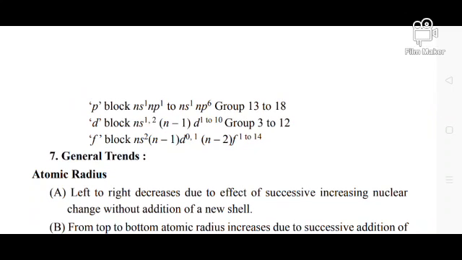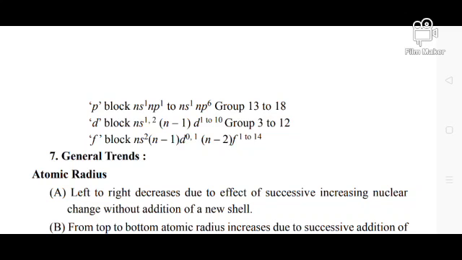In the case of the d block elements, the configuration is ns1 or ns2 with (n-1)d1 to 10, that means groups 3 to 12. This is the d block element. After that, the f block elements.